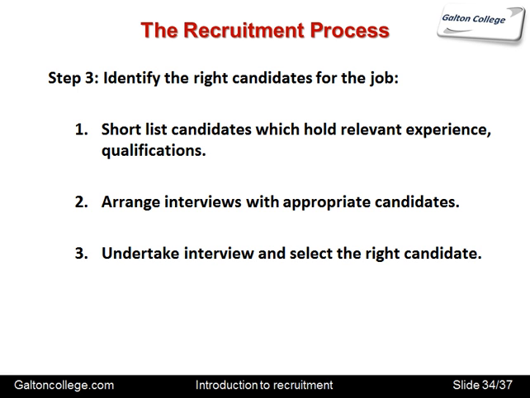Perhaps someone from an agency or someone quite senior within the industry itself. So it depends on the type of job, of course, and the seniority of the job, how senior the job is, and the position advertised.